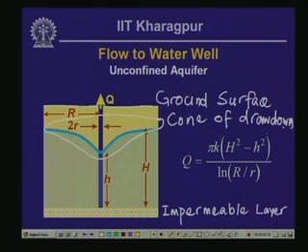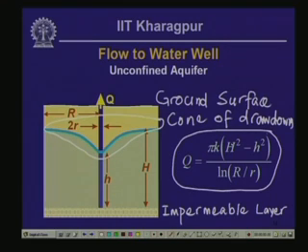So if you measure all those quantities, then you are going to be able to calculate the flow rate Q, that is given by pi times the permeability times capital H square minus small h square over the natural logarithm of the ratio between capital R and small r.